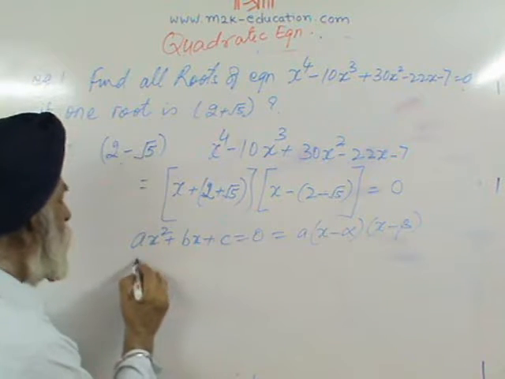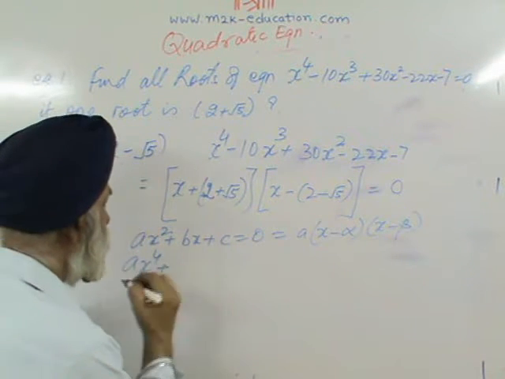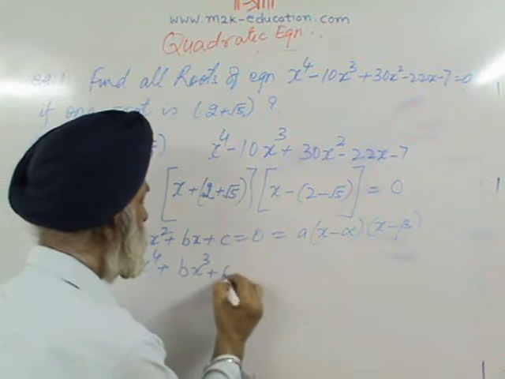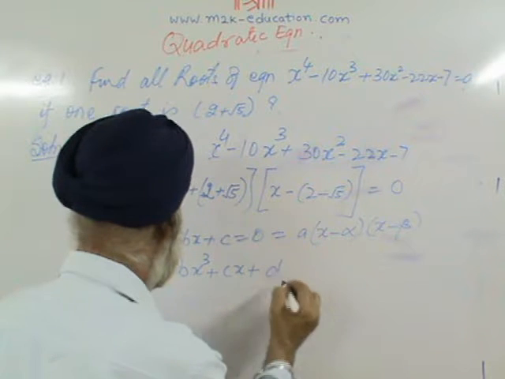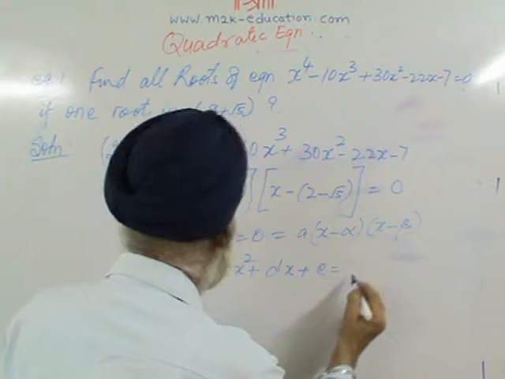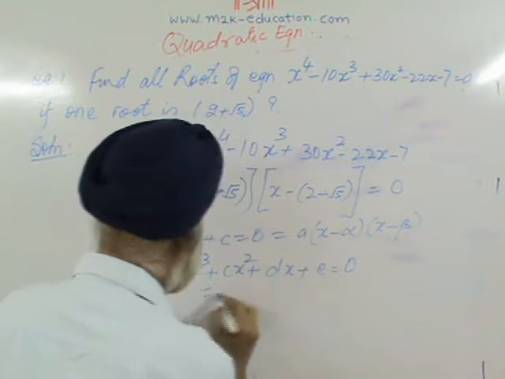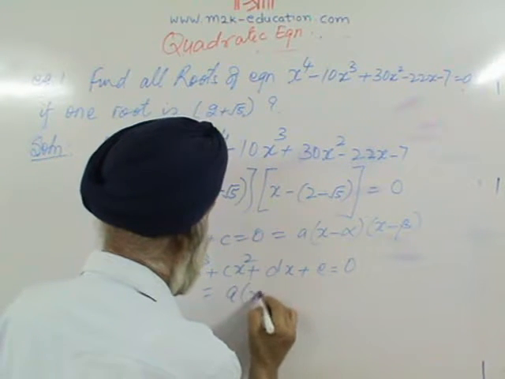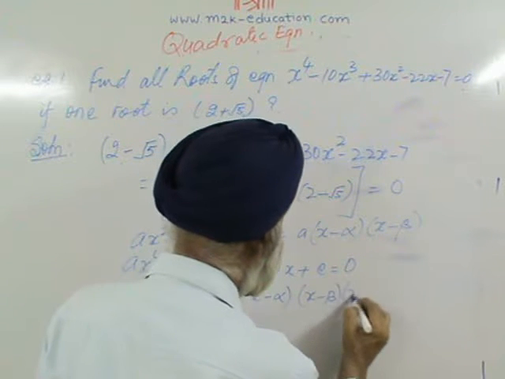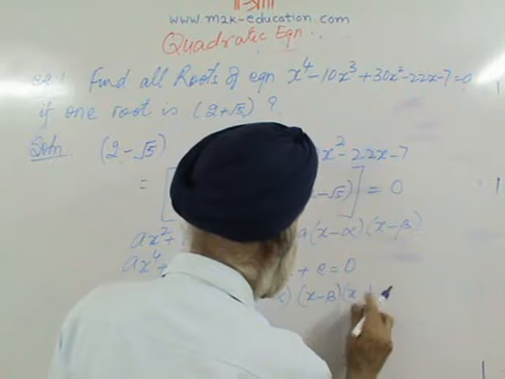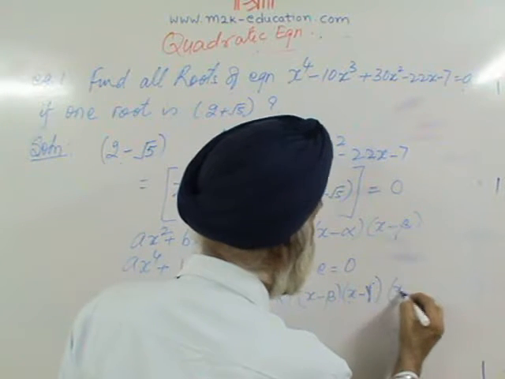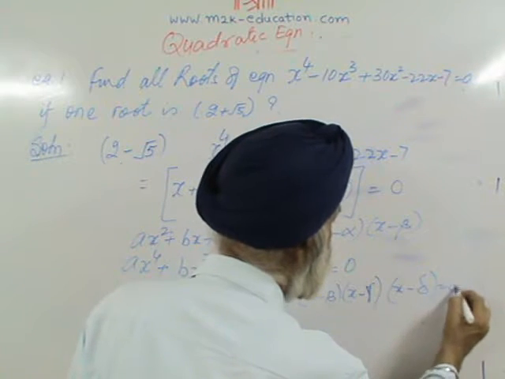In the same way a fourth power equation can be written as a times x minus alpha, x minus beta, x minus gamma, x minus delta equal to 0.